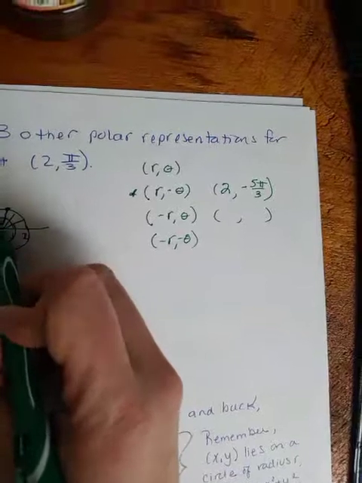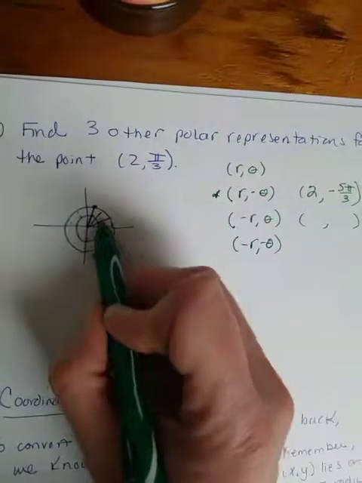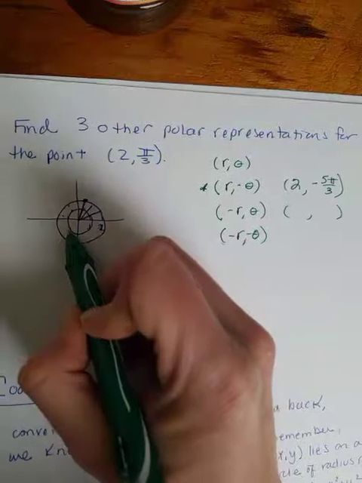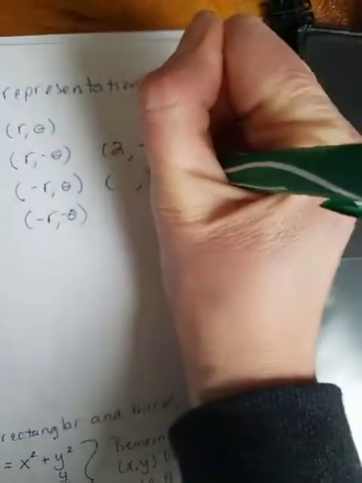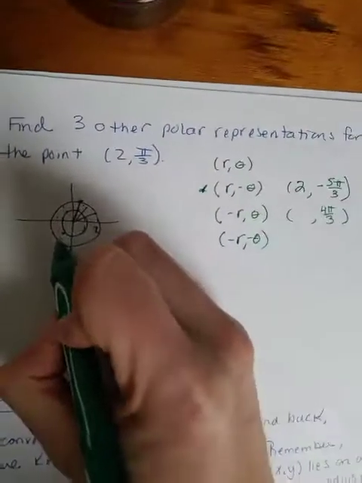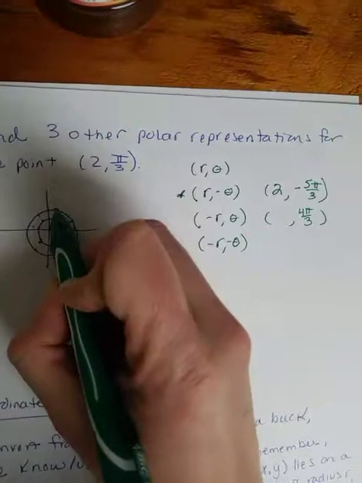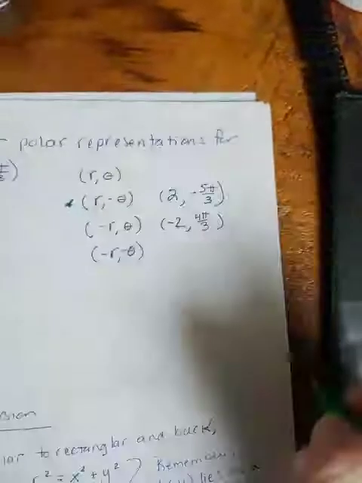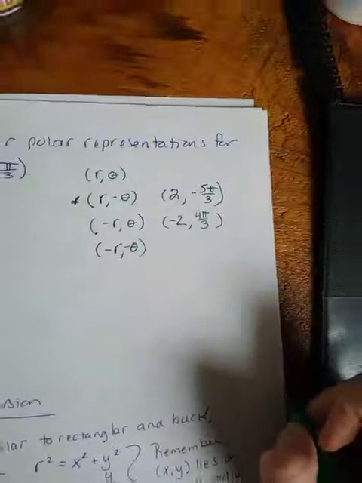So 1, 2, 3, 4. That would be 4π/3. But 4π/3 ends you up over here, so I'm not really pointing to the right r. I need to flip so that it's over here. So I'm going to say negative 2. So there's a second point that would work.